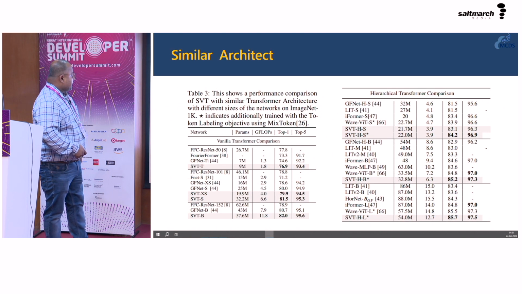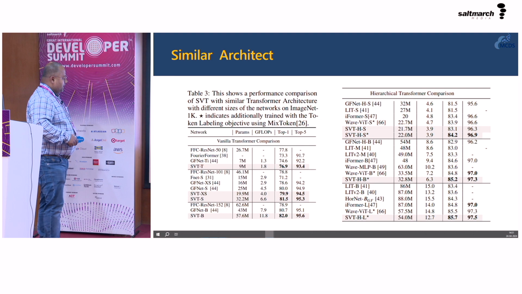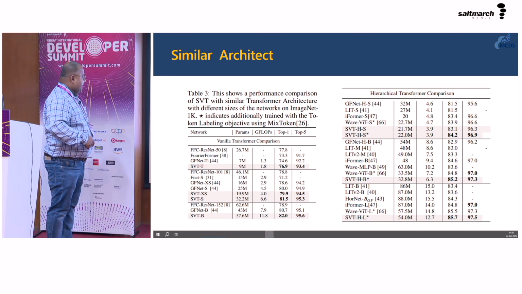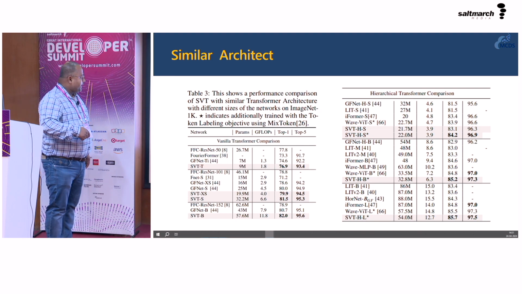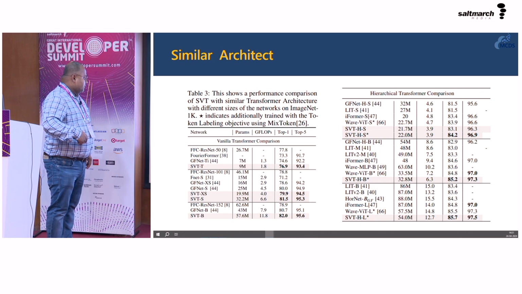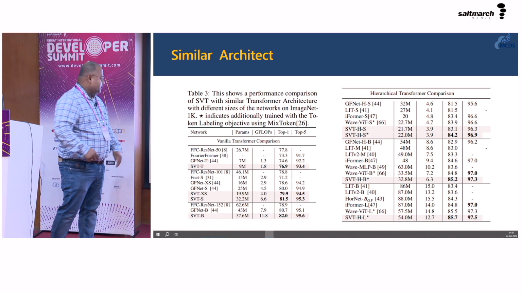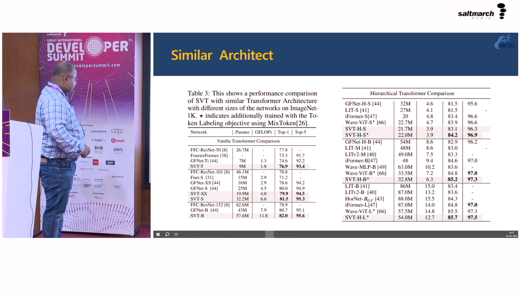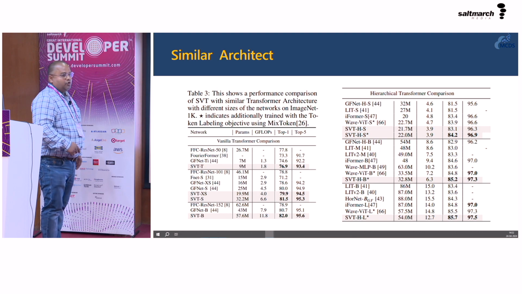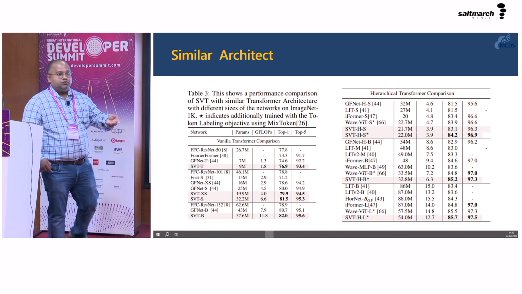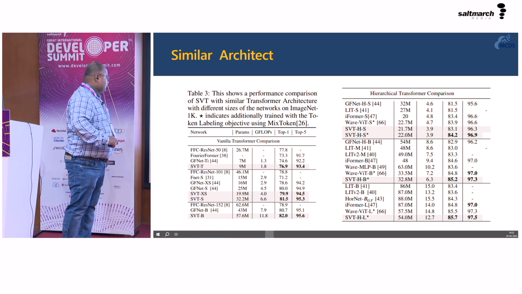The second thing we discussed was different kinds of spectral networks, comparing them and how they perform. You can see SPT for the vanilla architecture is 80 as compared to GFNet. GFNet, as I have shown, uses the Fourier transform, and FNet also uses a Fourier transform, which was the Hartley transform.